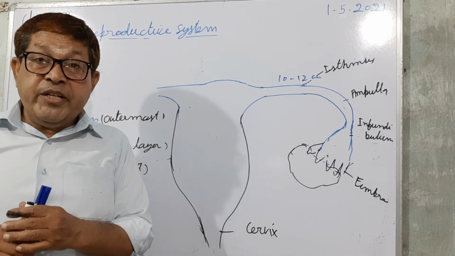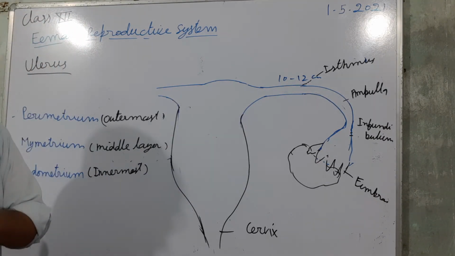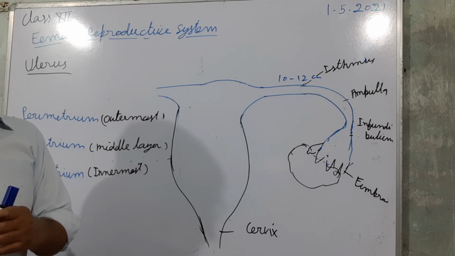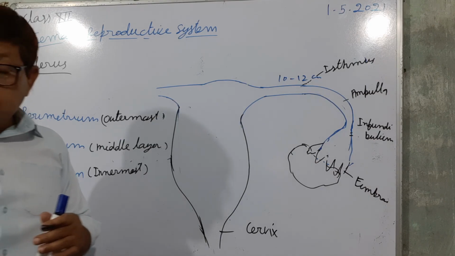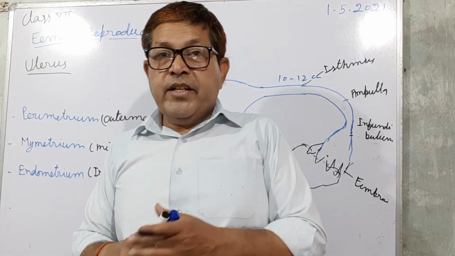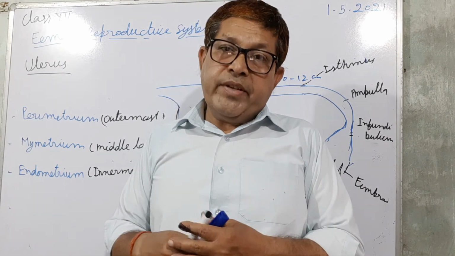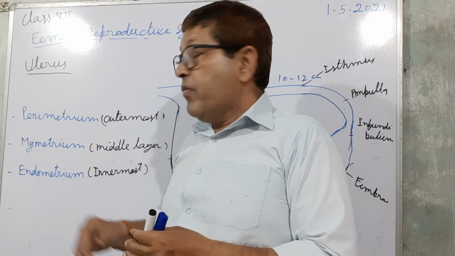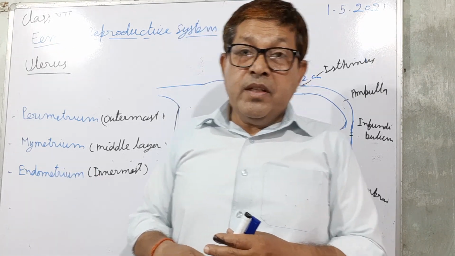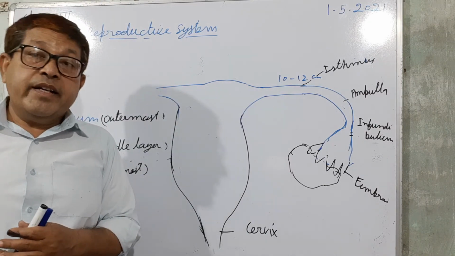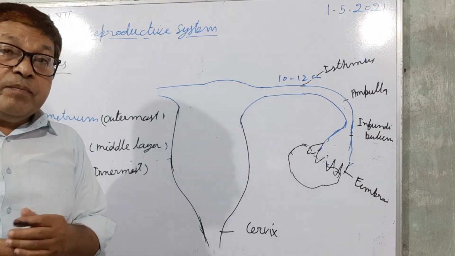This perimetrium is the external and thin layer, and it contracts during the delivery, while endometrium is thick and glandular.